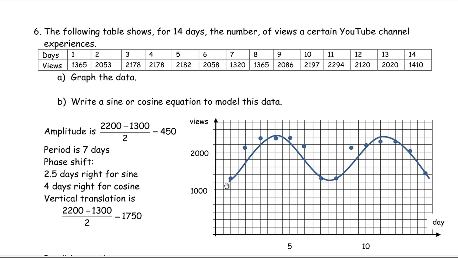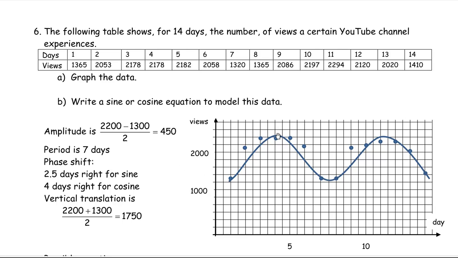You see that one there, the first one was 1365. There's a couple more here that are a little over 1300. So I'm just rounding again. So the distance from here to here, 2200 minus 1300, and then divided by 2, because the amplitude is half that distance from the top to the bottom. And so 2200 minus 1300 is 900, divided by 2 is 450. So the amplitude is about 450.